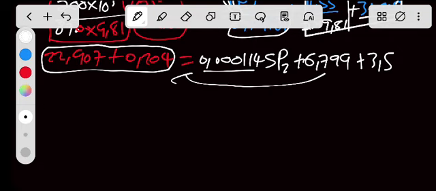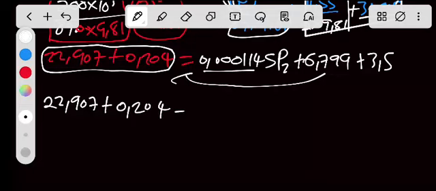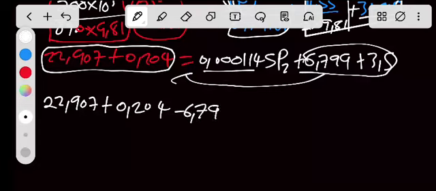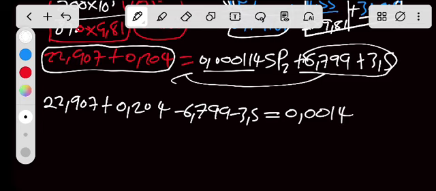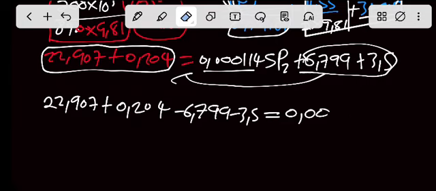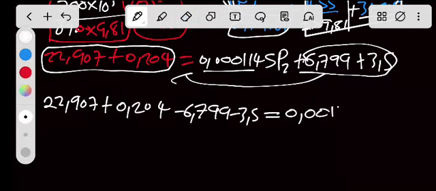You have 2.907 plus 0.204 minus these 2, minus 6.799, minus the 3.5. This must be equal to 0.001145 P2.